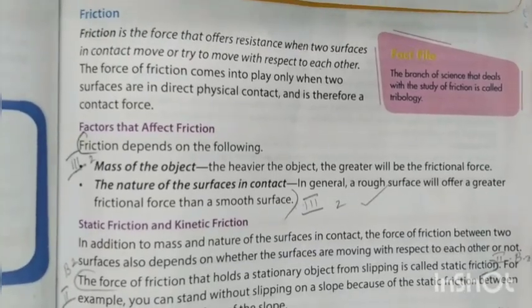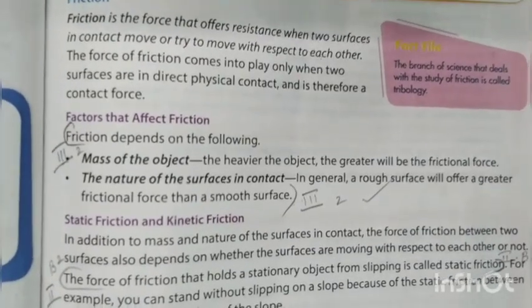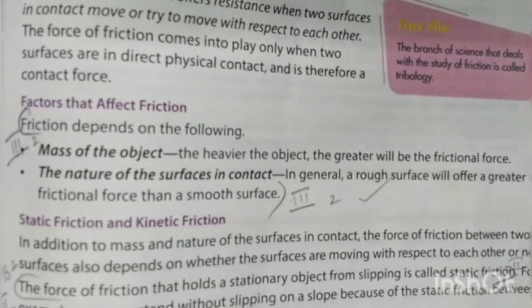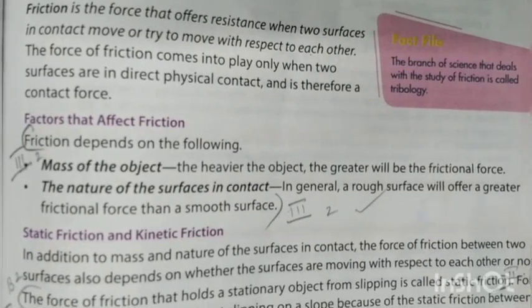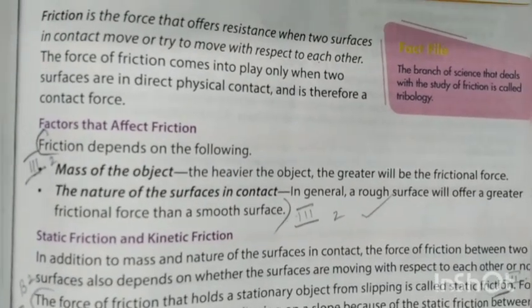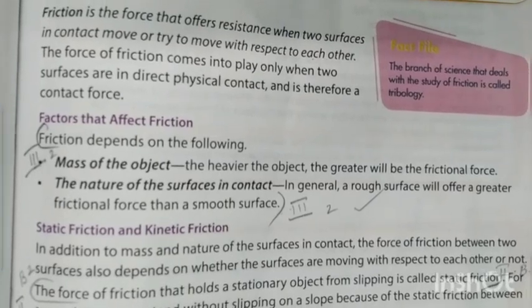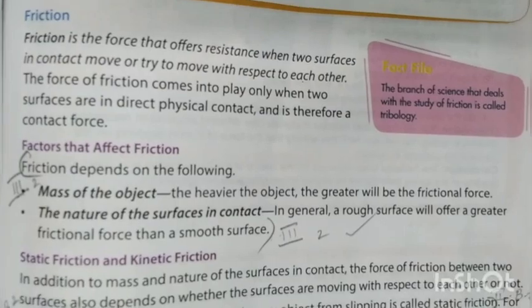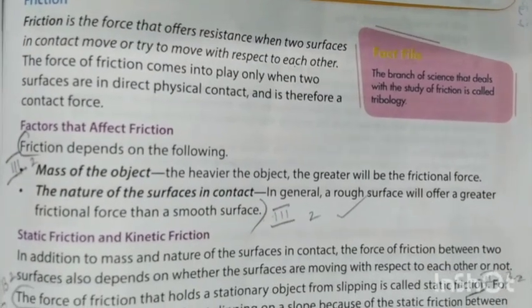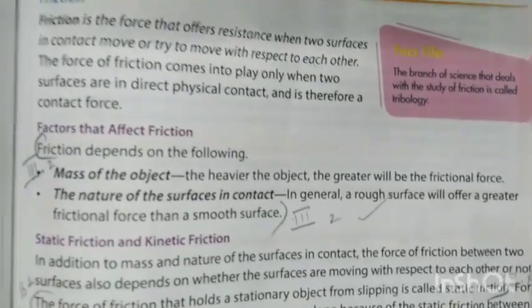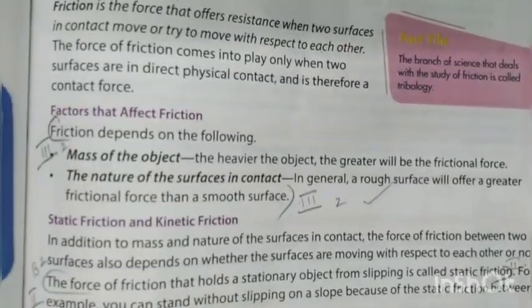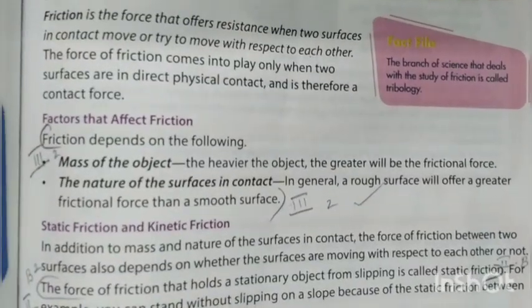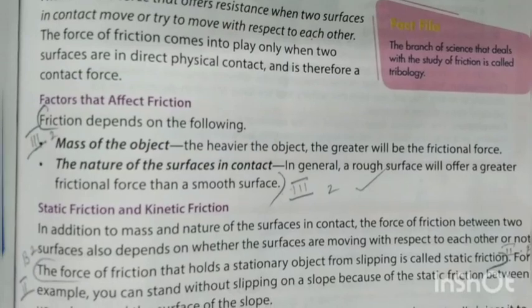Next one is, what are the factors that affect friction? Friction depends upon two factors. The first one is mass of the object, and the second one is nature of the surfaces in contact. Now, first of all, we will see about the mass of the object. If the object is heavier, the frictional force will be greater.